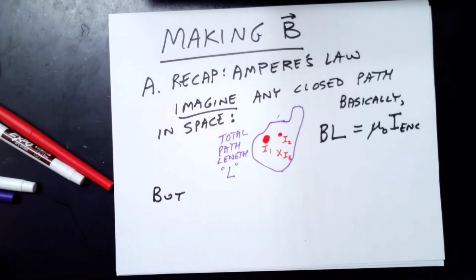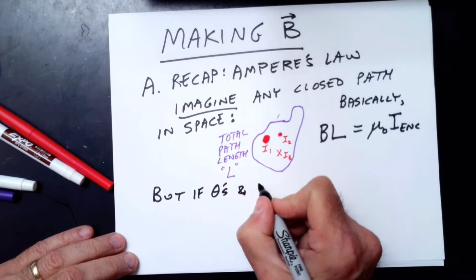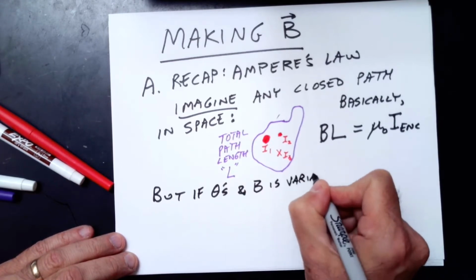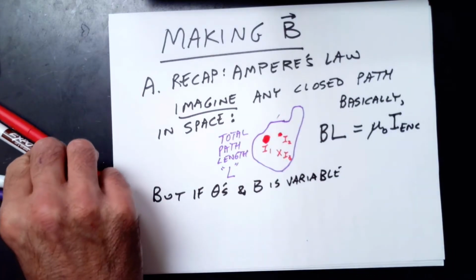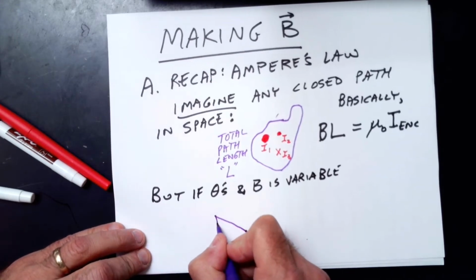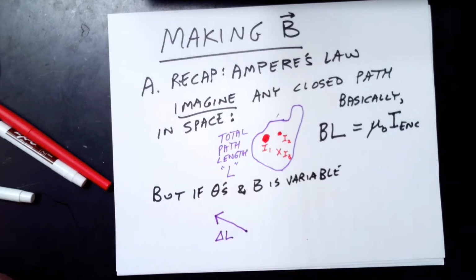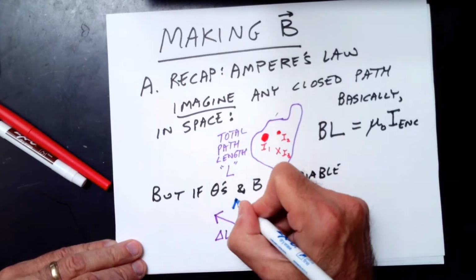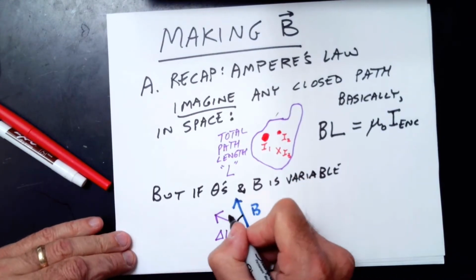So if there are thetas involved and B is variable, if B is not a constant everywhere along the path. In other words, if you take a small segment of the path like this, we'll call that delta L. And at that point along the path, the B points this way. Well, of course, that creates an angle between them, theta.